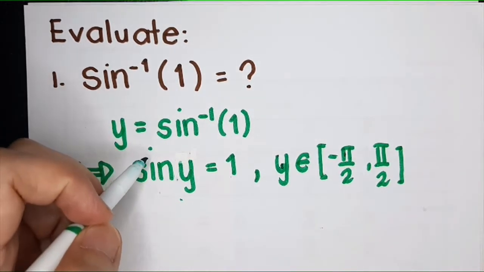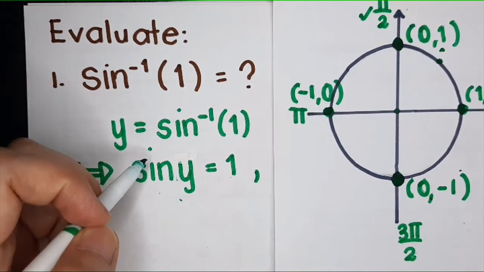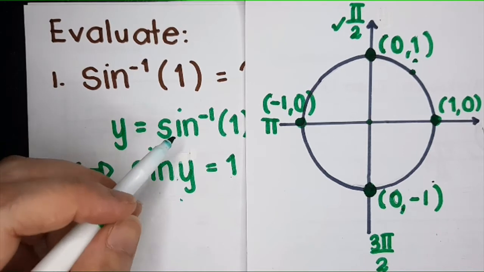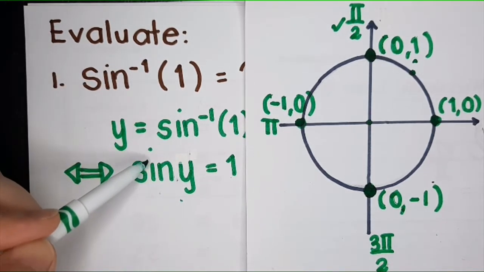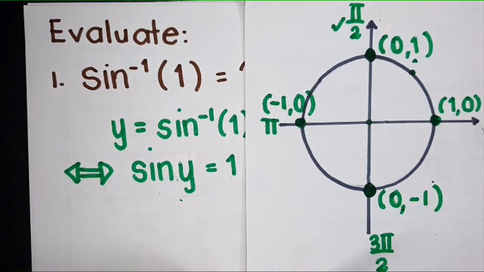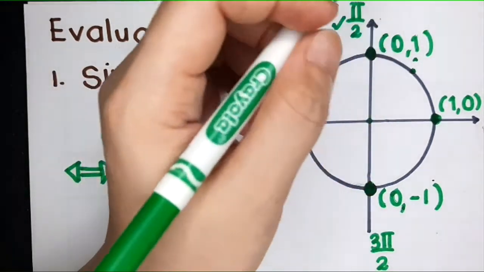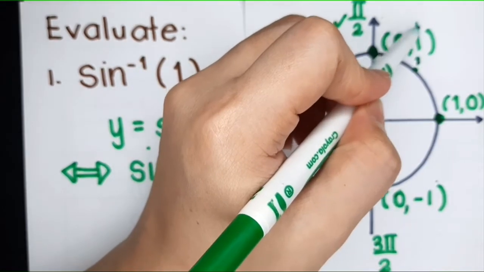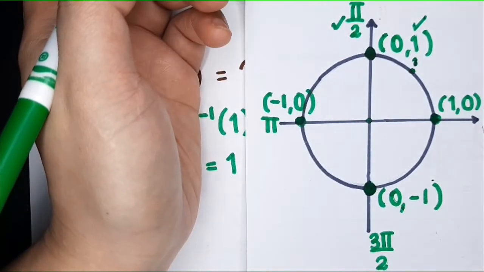Okay? Kapag bumalik tayo dun sa kanina, dyan sa unit circle natin, nasaan dyan ang y-coordinate na equal sa 1? Kasi di ba ang sine theta, that's the y-coordinate. So, hanapin nyo lang ang y-coordinate na equal sa 1. At ito yon. Right? Ito yung y-coordinate na equal sa 1. Ano yung angle measure? Okay?